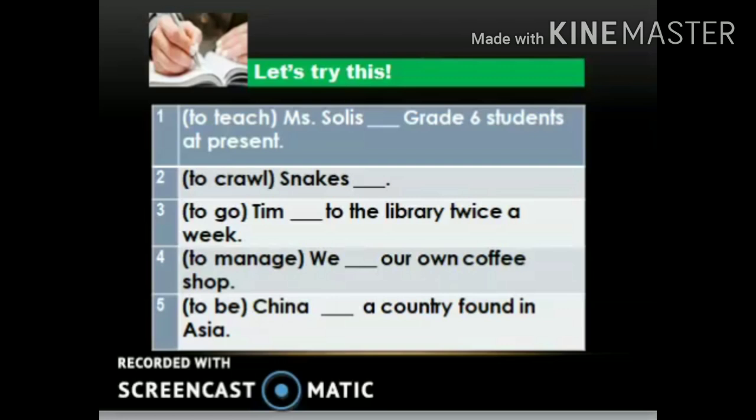Let's have number 5. China blank a country found in Asia. The answer here is is. The correct sentence is China is a country found in Asia.